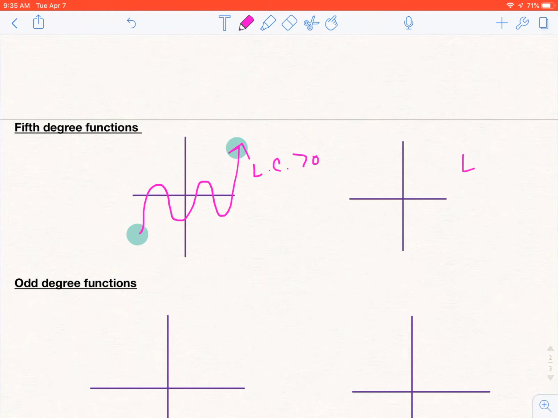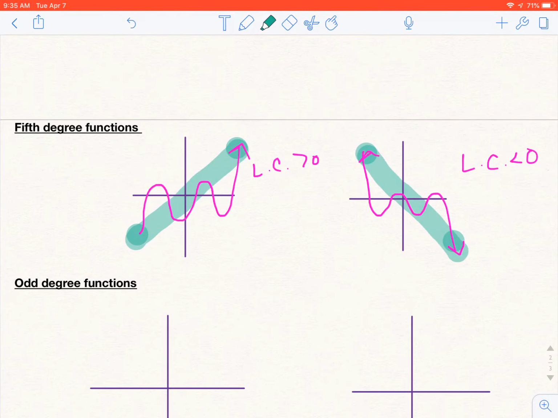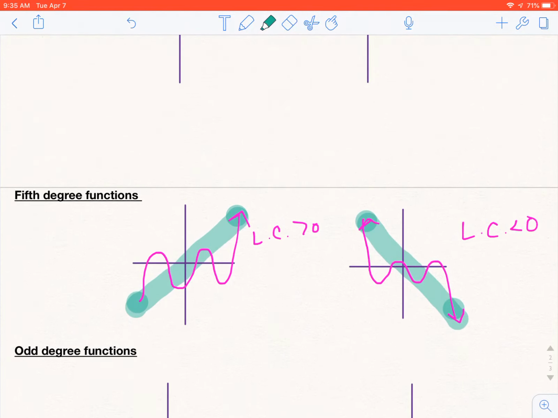And over here, when my leading coefficient is negative, I know that it has to start in the top left and go down to the bottom right. So it's going to start, so 1, 2, 3, 4, 5. And it's going to go like this. Kind of is the idea. Notice, just like the line, when I had a positive slope, it went like this. When I had a negative slope, it went like that. So kind of keep that in mind.